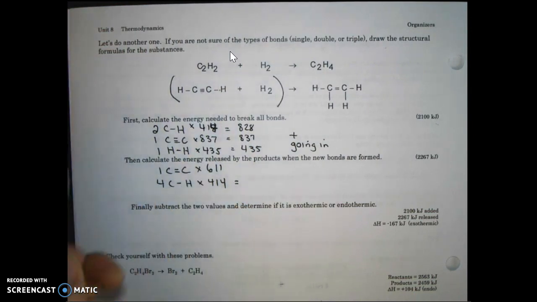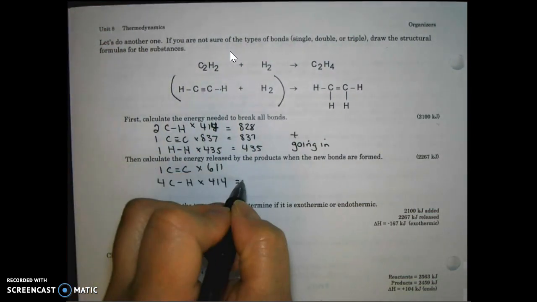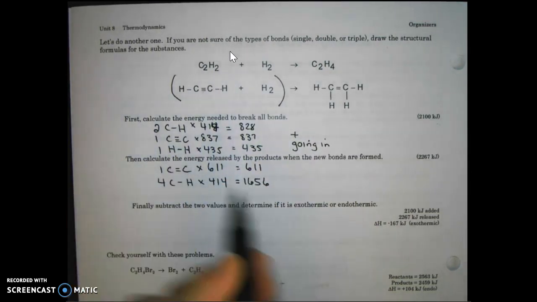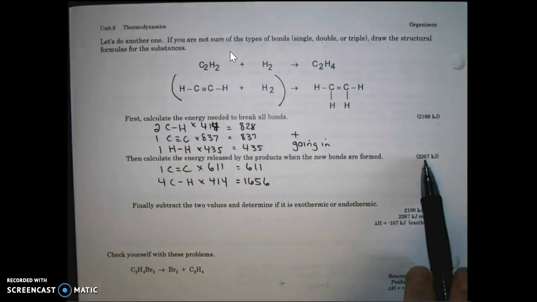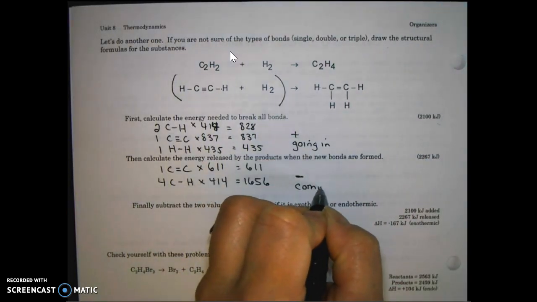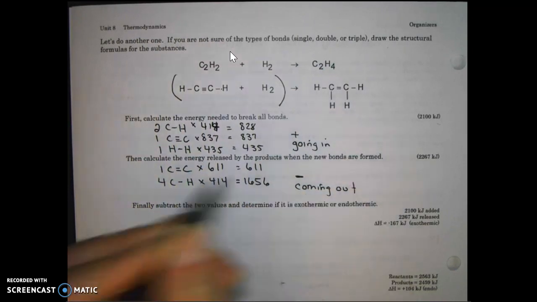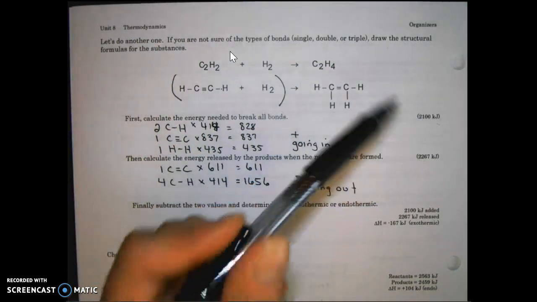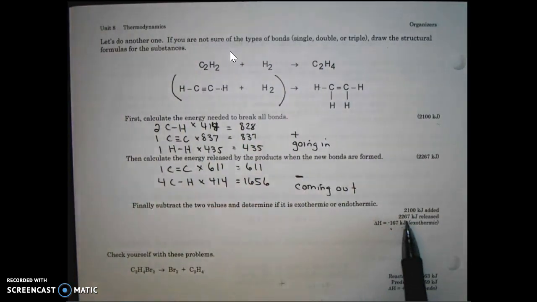So you've got, what is that, 1656 and 611 for a total of 2237. Okay, that's how much is coming out. So we've got a little bit more coming out than going in. So you should subtract those two to find that the delta H is going to be a negative 167.